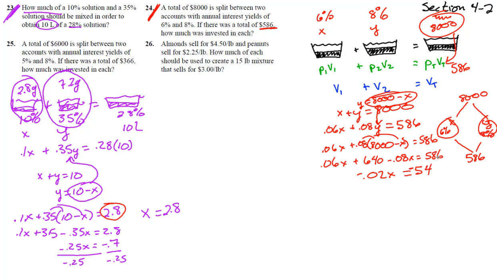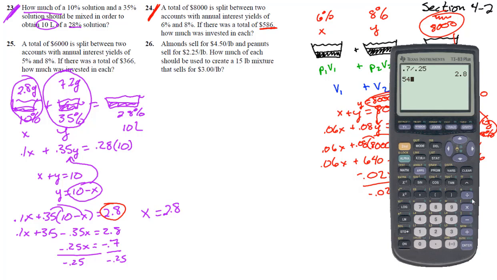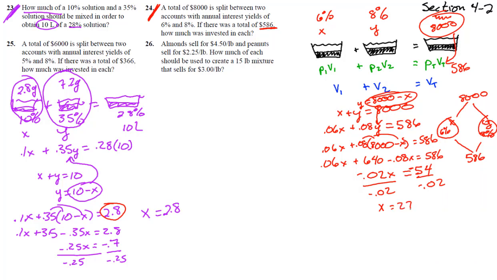So subtract 640 there, and we get negative 54. Divide by negative 0.02, divide by negative 0.02, and let's see what we get there. 54 divided by 0.02, the negatives will cancel, and we're left with x is 2,700.